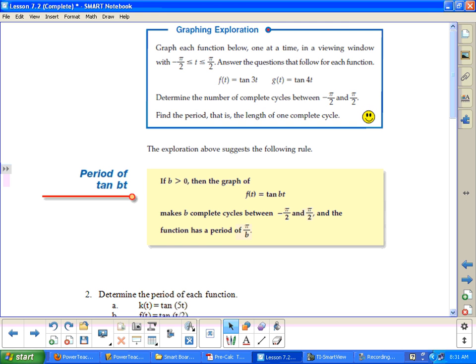So for tangent, to find the period, we just do pi divided by b instead of 2 pi, because the normal period for the parent function for tangent is just a length of pi. So for sine and cosine, secant and cosecant, it would be 2 pi divided by b. For tangent or cotangent, it would be pi divided by b to find the period.